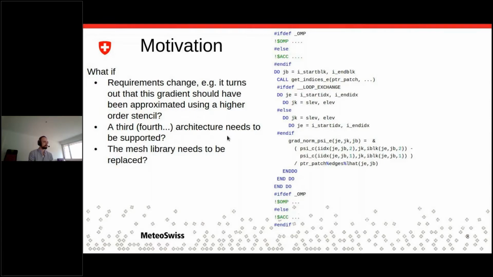And then the issue is, what if we want to support another hardware architecture? There are some very interesting developments these days, where it's no longer CPUs versus GPUs. Now we have vector machines as well. An example is Fugaku. Currently, I think it's the leading supercomputer in Japan that has something in between CPUs and GPUs. And then there are people experimenting with FPGAs.